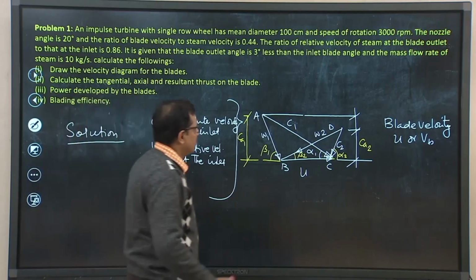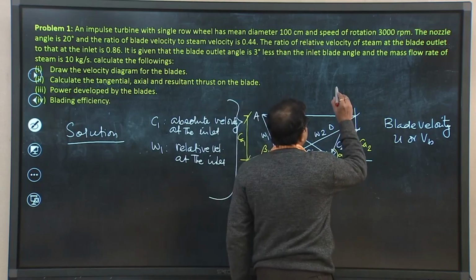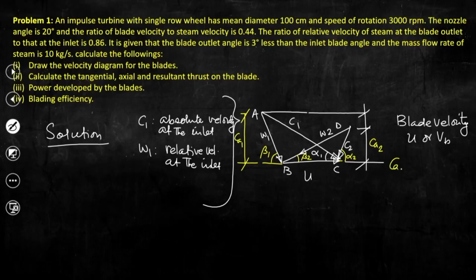So, we can see that CA1 is not equal to CA2 and this component is delta Ca. This component is responsible for the axial thrust that would be produced.